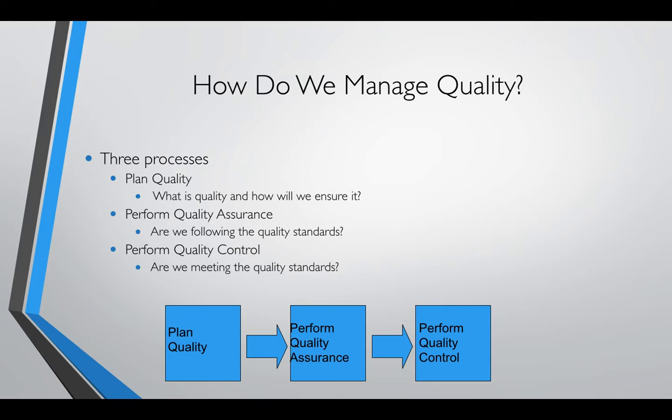Are we following the quality standards that are set forth in the standards, the RFP, contract documents, the quality management plan? So are we following what has been set forth as our standard? And performing quality control. Are we meeting the quality standards? So the first is plan quality, perform quality assurance, and perform quality control.